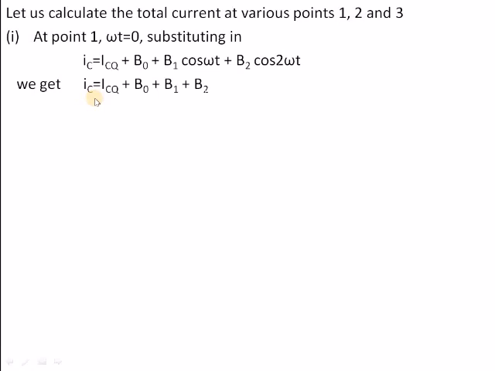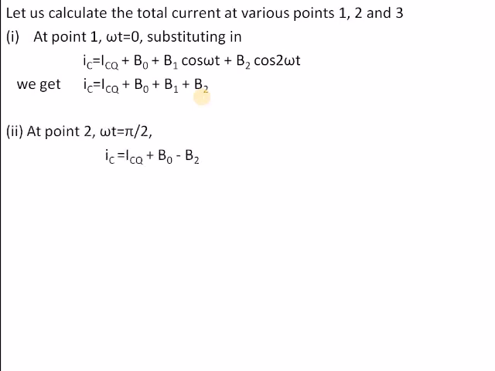We get IC is equal to ICQ and B0 as they are because they are DC components present in all equations. If you substitute omega t is equal to 0, cos 0 is 1, therefore it becomes B1, and cos 0 here also is 1. IC can be written as ICQ plus B0 plus B1 plus B2.